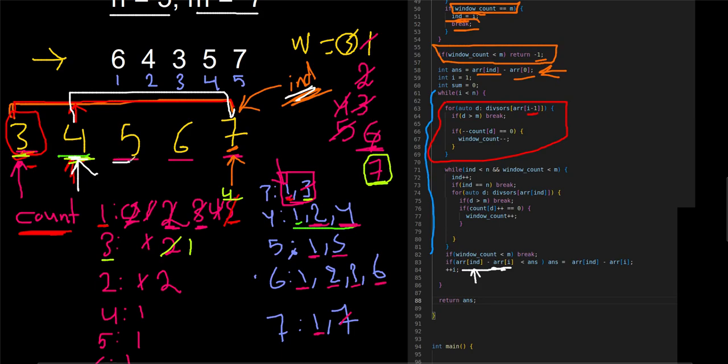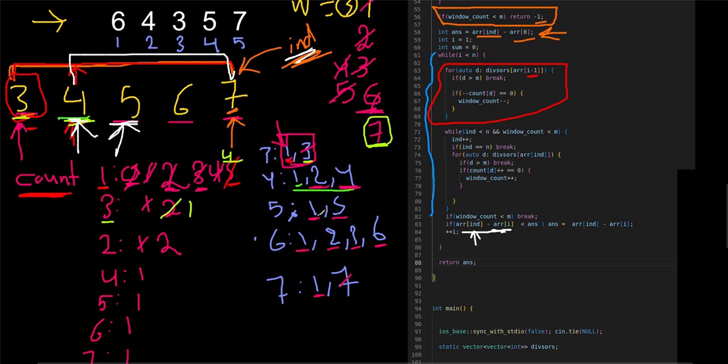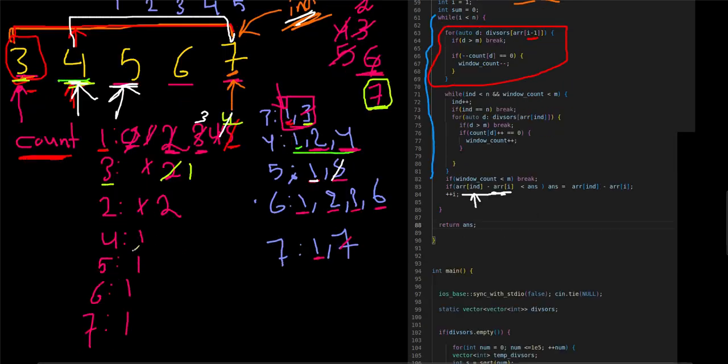Then we move to the next student, 5, which has divisor 1, so this becomes 3, and then we have this 5, so 5 becomes 0. 1 minus 1 is 0, and this means topic 5 is not covered.